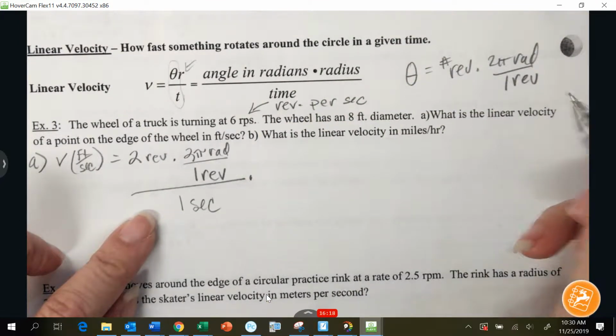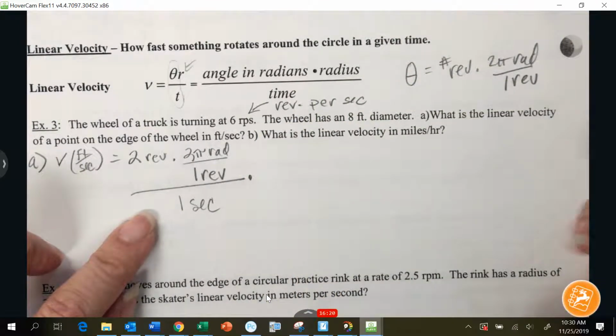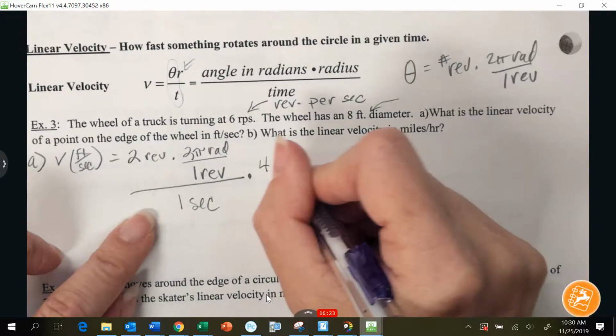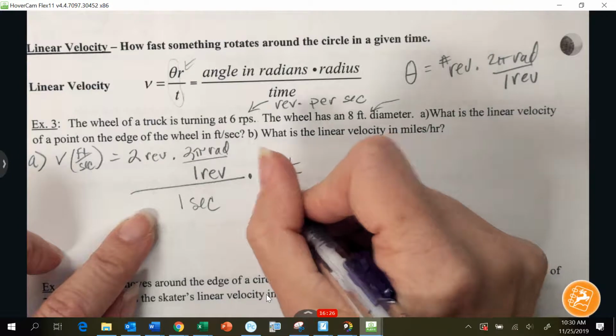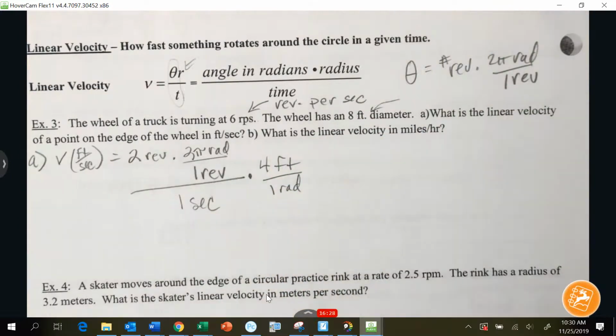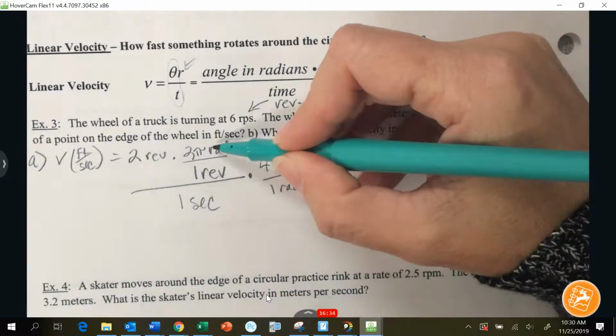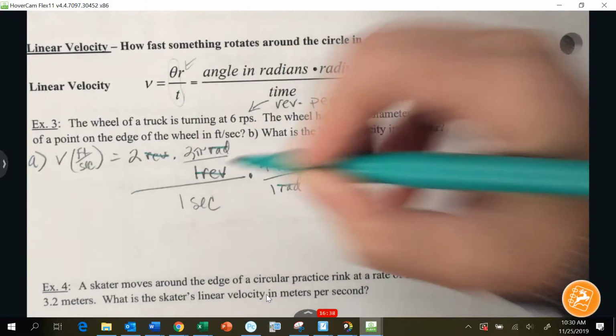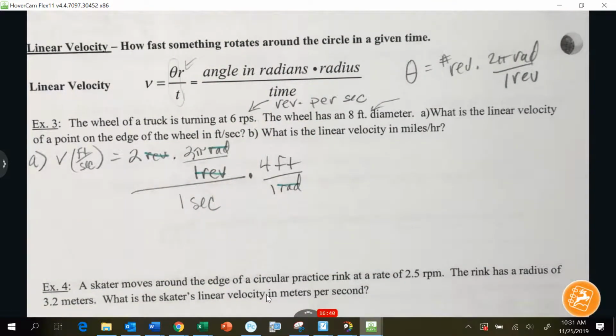What is my radius? It's going to be 4 feet per 1 radian. Will that give me feet per second when I'm done? Let's see. The radians will cancel. The revs will cancel. Will I get feet per second when I'm done?